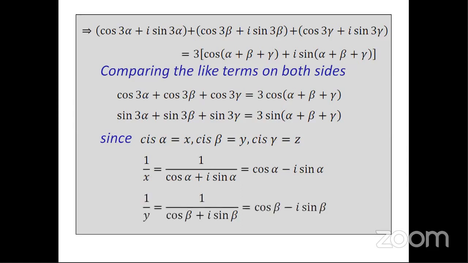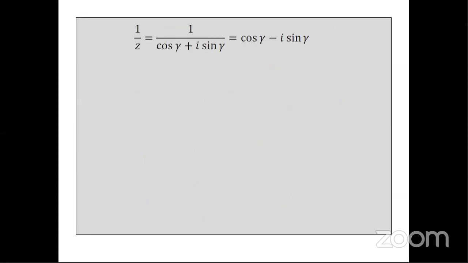So likewise with beta and gamma also, 1 by y will be equal to cos beta minus i sin beta, and 1 by z will be equal to cos gamma minus i sin gamma.